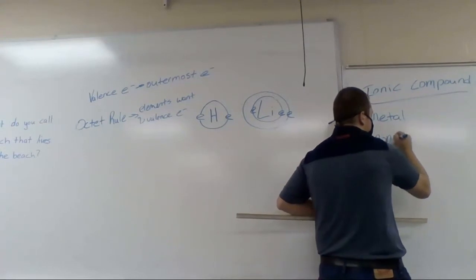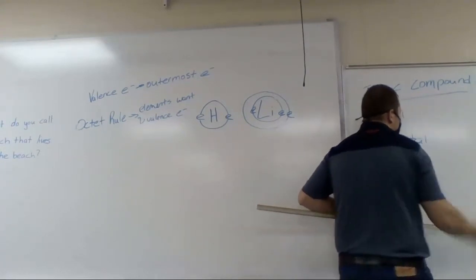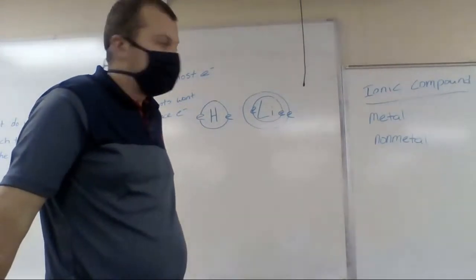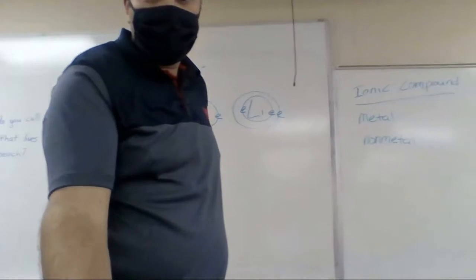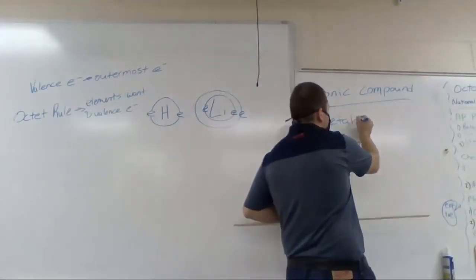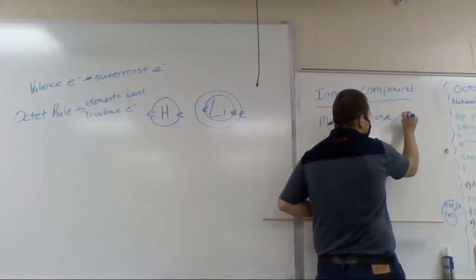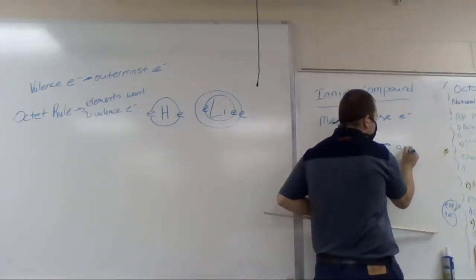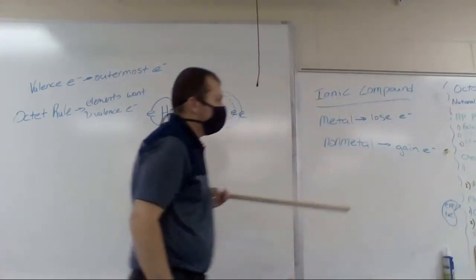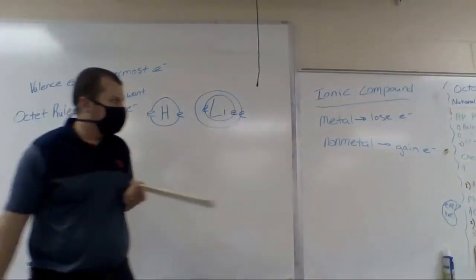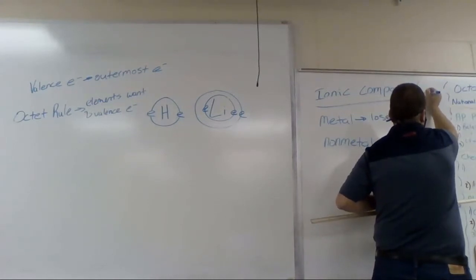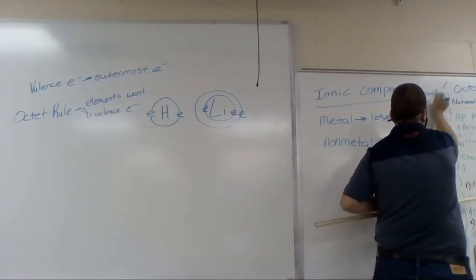It occurs between a metal and a non-metal, where the metal is going to lose an electron and the non-metal is going to gain an electron. So what happens in an ionic compound is a transfer. They transfer the electron.